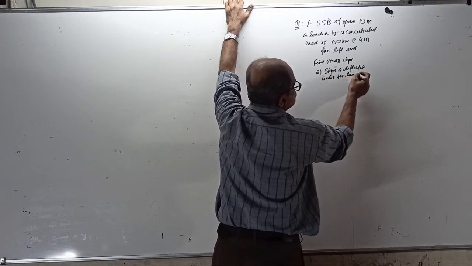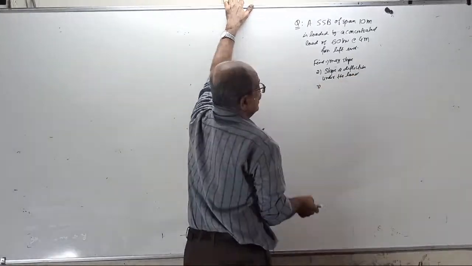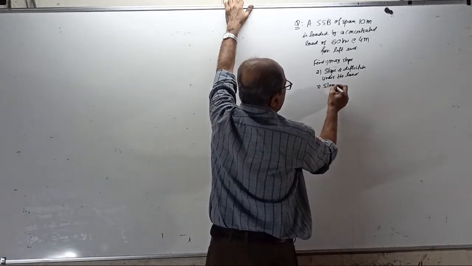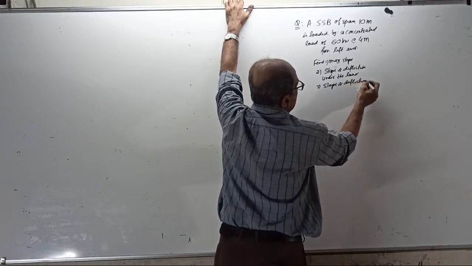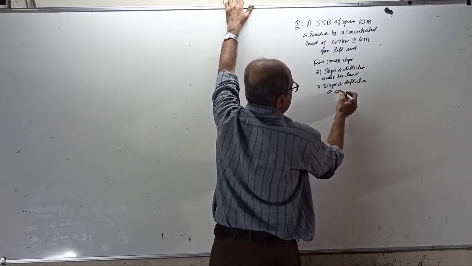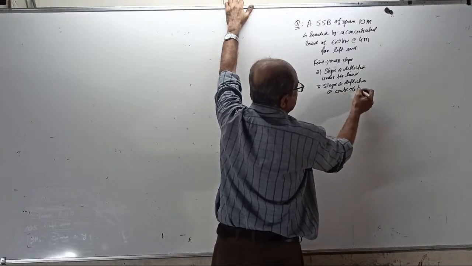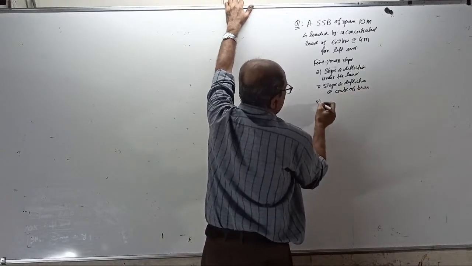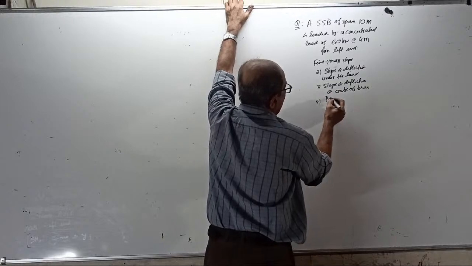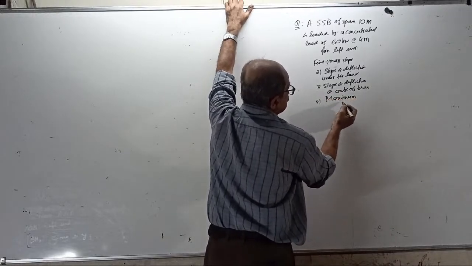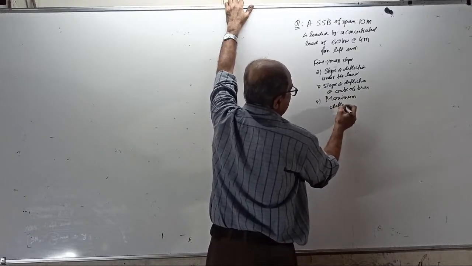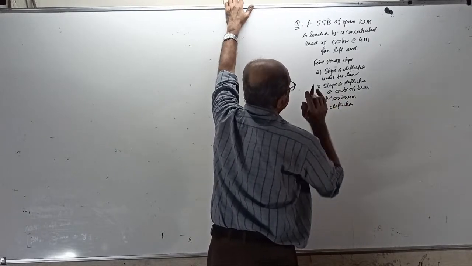Next, 3. Slope and deflection at center of the beam. Fourth one is the most important, maximum deflection. This question will take one full class tomorrow, because why? Then we will tell goodbye to this method. Maximum deflection.